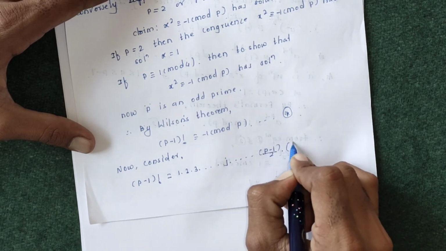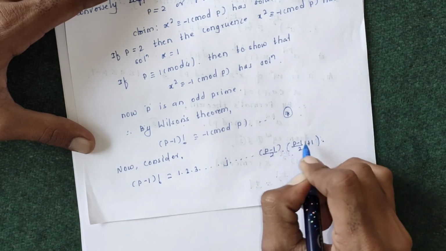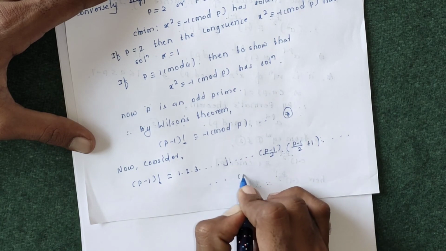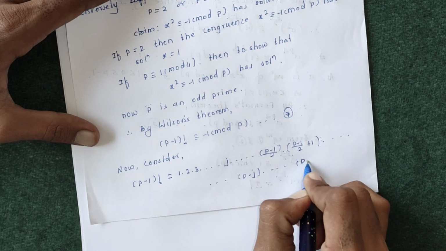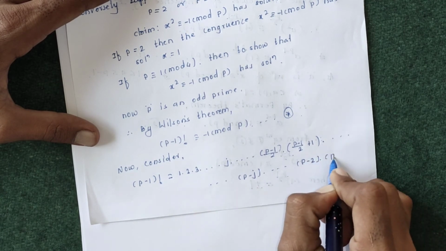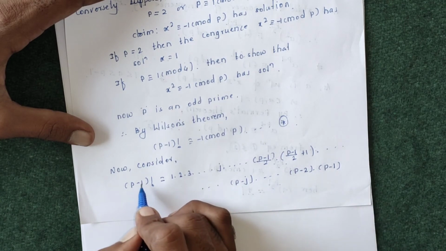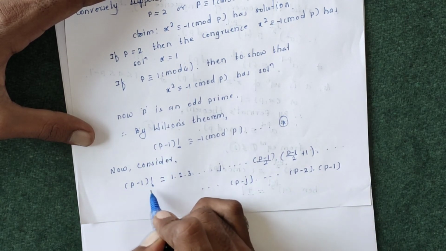The next integer must be p minus 1 by 2 plus 1, into p minus 1 by 2 plus 2, up to, suppose, p minus j, up to p minus 2 into p minus 1. The multiplication of the first p minus 1 integers is p minus 1 factorial.